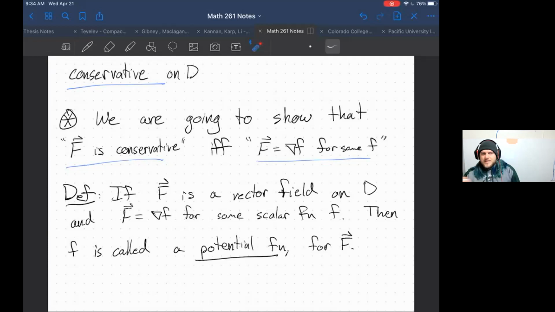You're taking derivatives to get a gradient, so you're killing off all the constants in this little f. So there are potentially a lot of functions which give you the same gradient vector field. These are a couple of things to be aware of here.